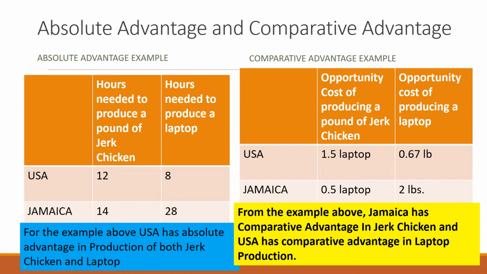And comparative advantage calculation takes into consideration opportunity cost, or the foregone amount of the other product that was not being able to be produced because the resources have been used to produce the incumbent product, right?